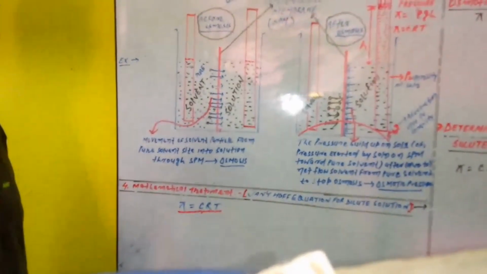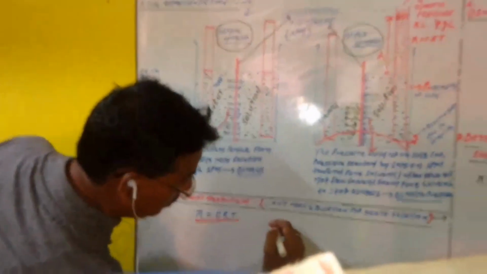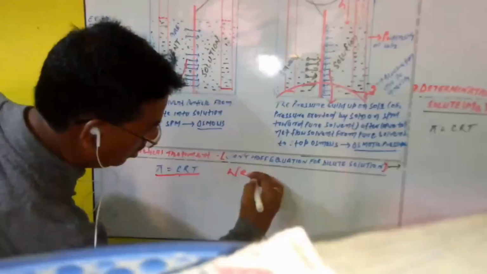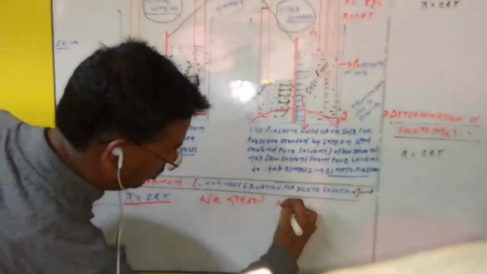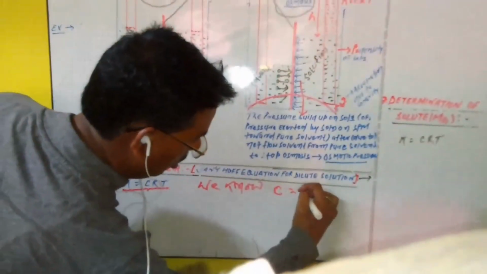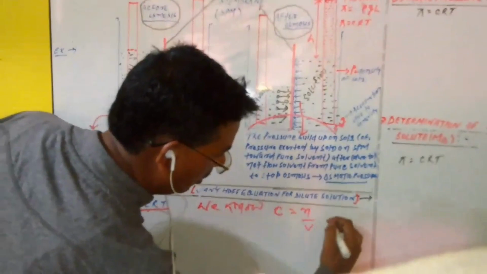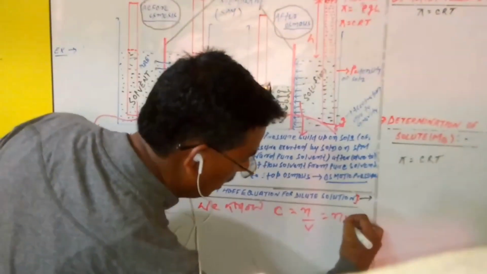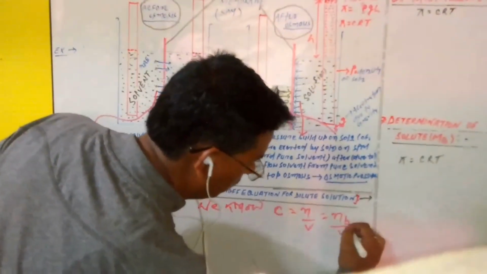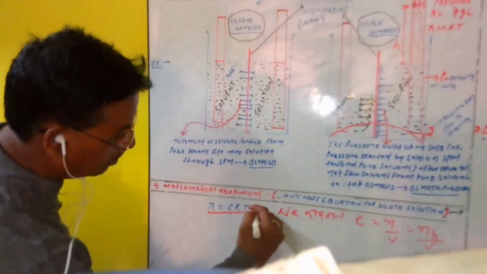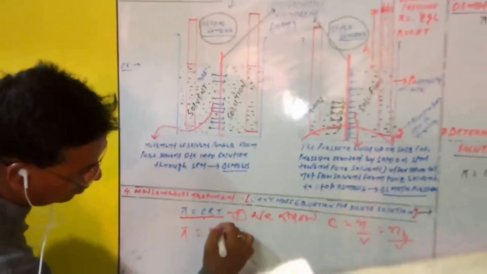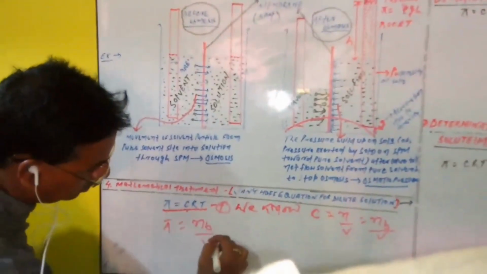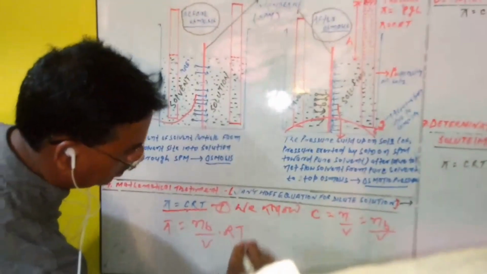But we also know one thing here: C equal to n by V, where n means the number of moles of the solute. So according to this relation, the equation becomes pi equal to nB by V into RT.